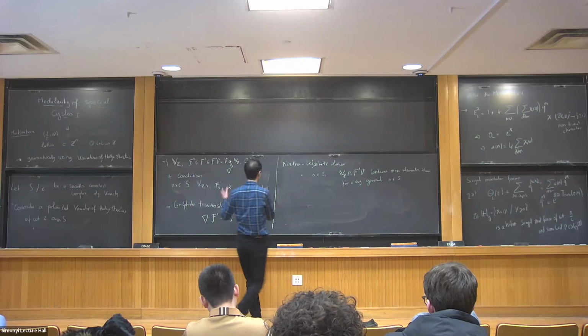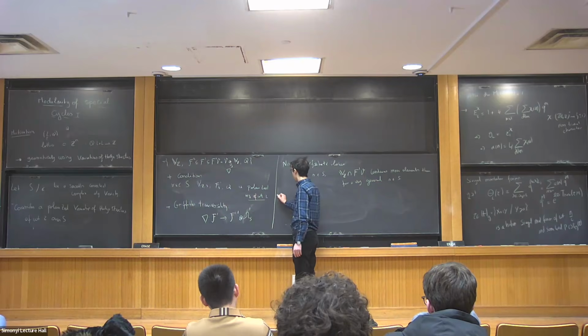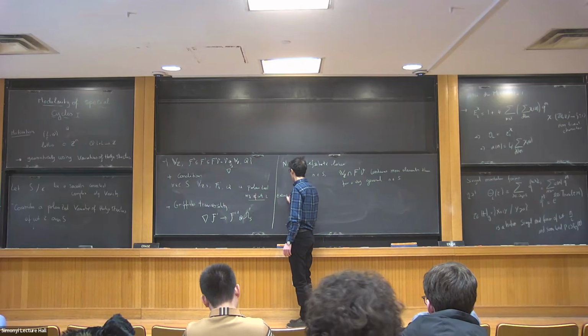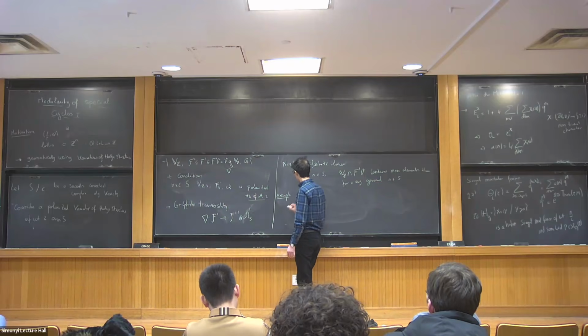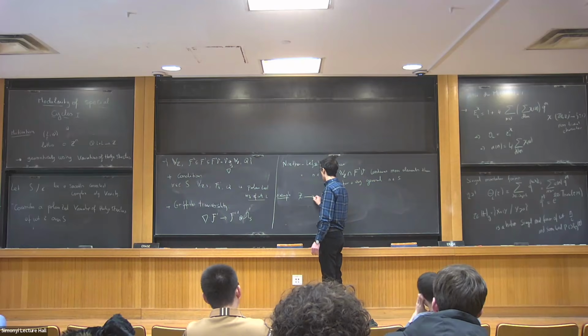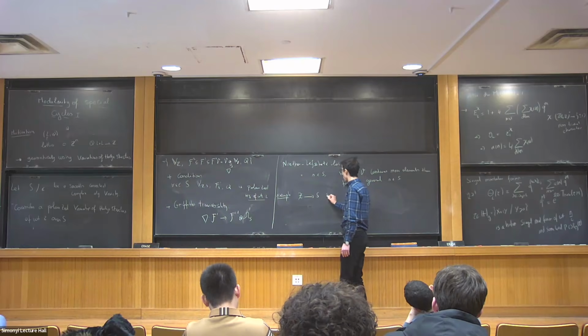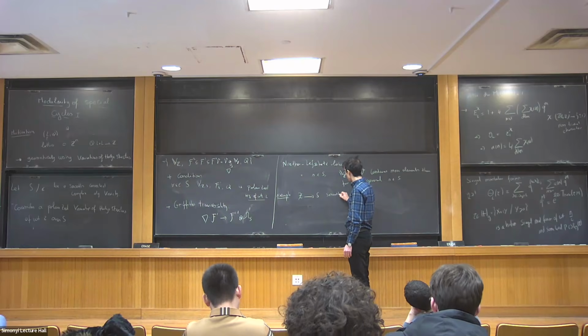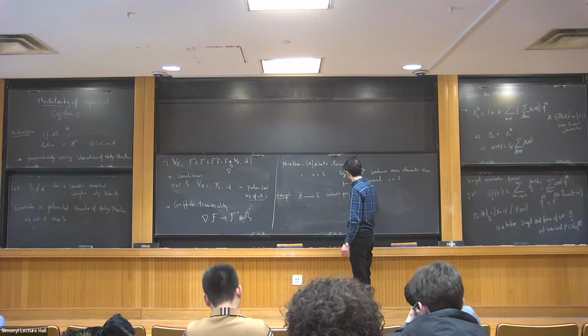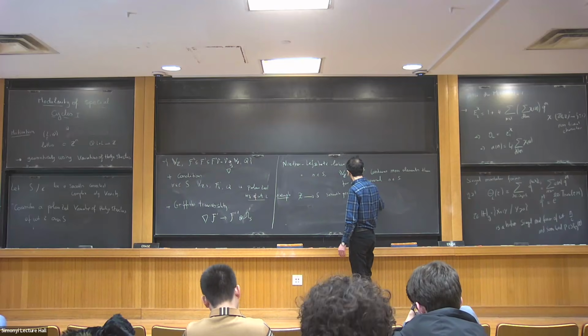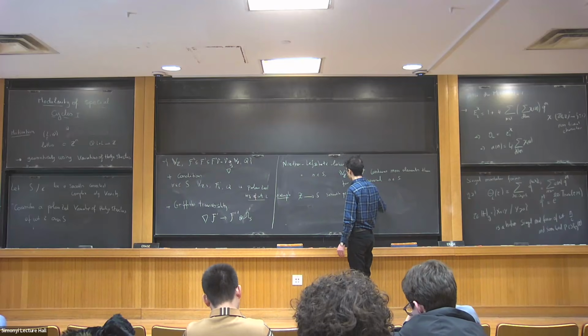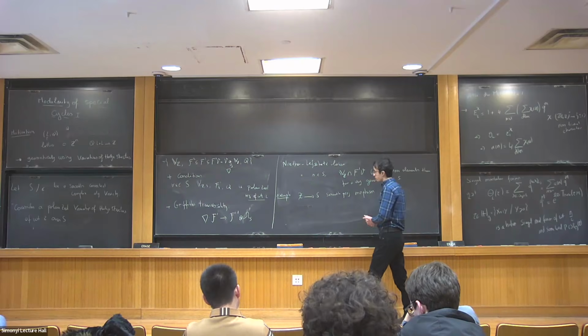One example to keep in mind, if you have not seen this before, for where these variations come from is the following. If you start with a family X over S, a smooth projective morphism, let's call this morphism f.